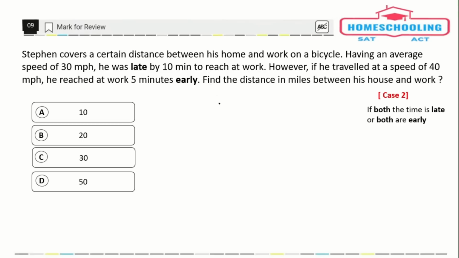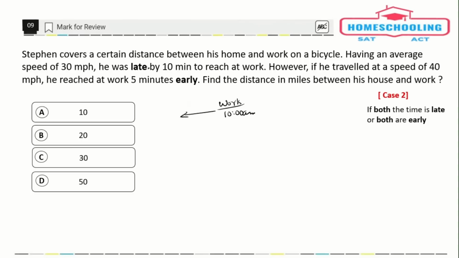Let's say he has to reach work at 10 a.m. So this is the time. If he drove his bicycle at a speed of 30 miles per hour, then he was late by how much? 10 minutes.